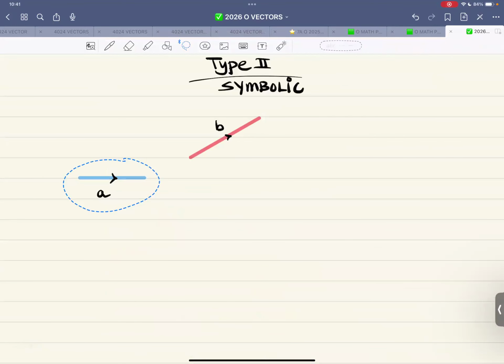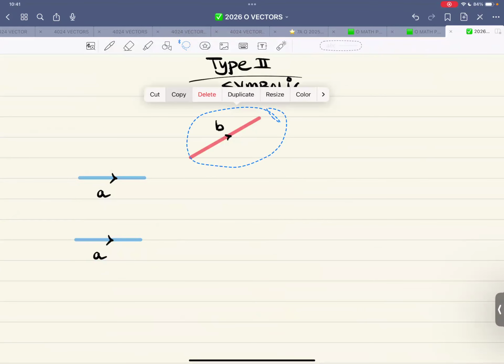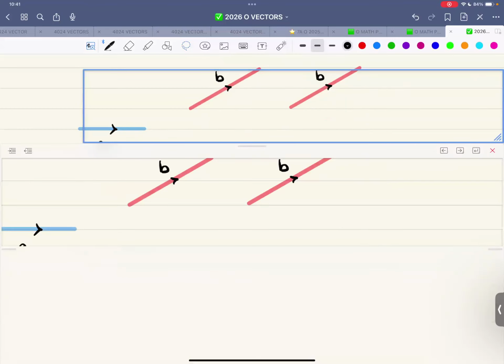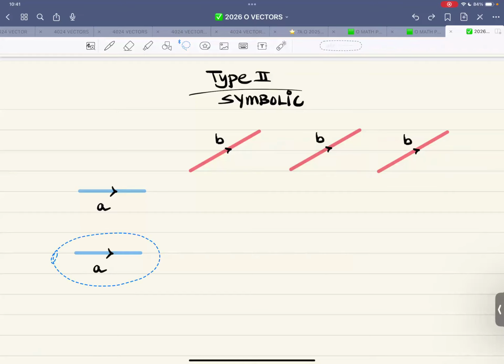Now, let me just copy this thing, paste it over here. Let me also copy this thing and paste it over here. And again over here, not the zoom thing. And let me also copy this thing and paste it over here.